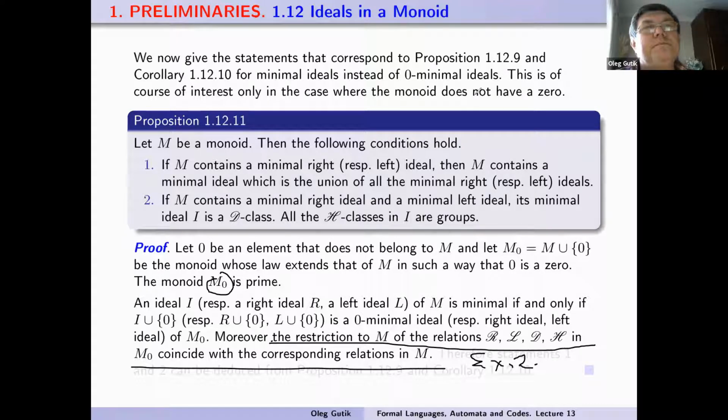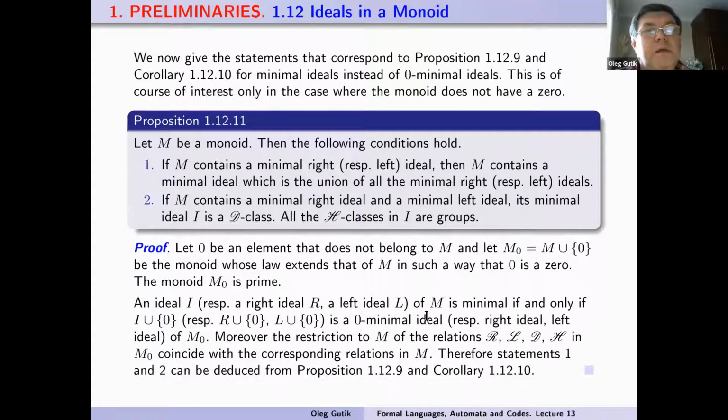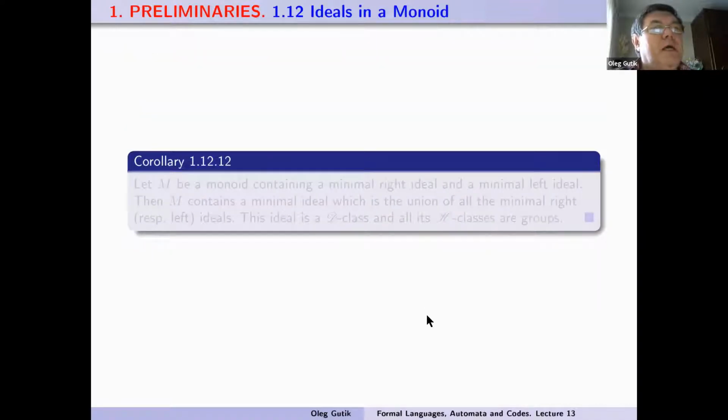Good. He continues. And therefore, statement 1 and statement 2 can be deduced from proposition 1.12.9 and corollary 1.12.10. This completes the proof of proposition 1.12.11. And we get the following corollary.